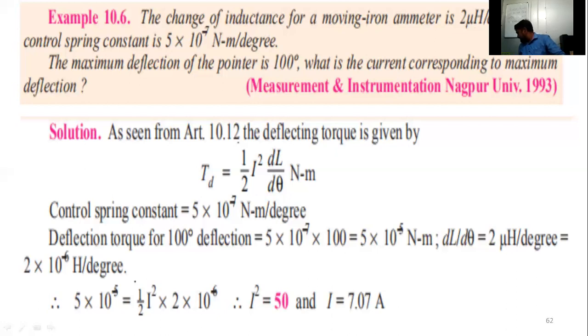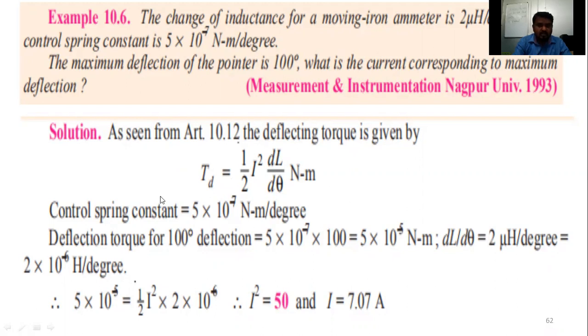So change in inductance means dL, how much per degree? Degree is nothing but dθ here. So dL/dθ equals 2 microhenry, and micro means 10^-6. So dL/dθ equals 2 × 10^-6 per degree, we have used here now.